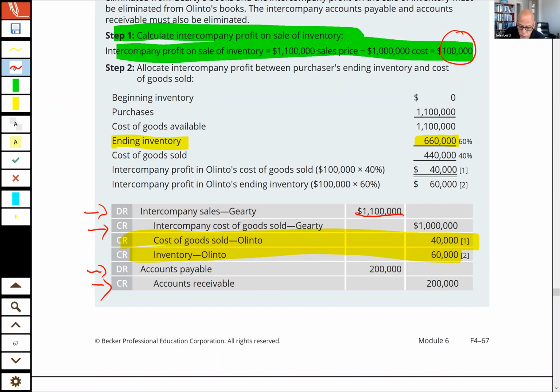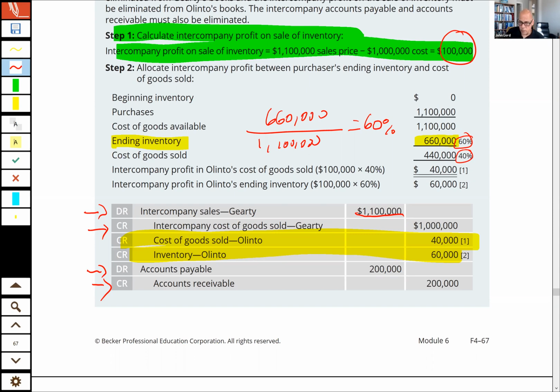If that's the amount they paid Garrity, and the sale was $1,100,000, that means 60% of the inventory at Olinto's cost from Garrity is still sitting in ending inventory. If 60% is sitting in ending inventory, that means they sold the remaining 40%.